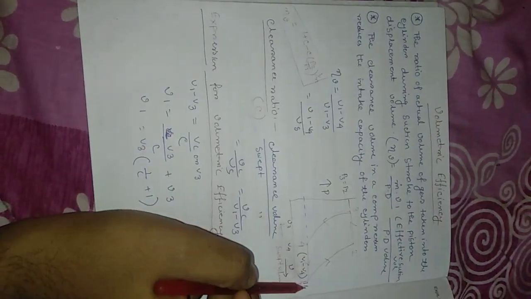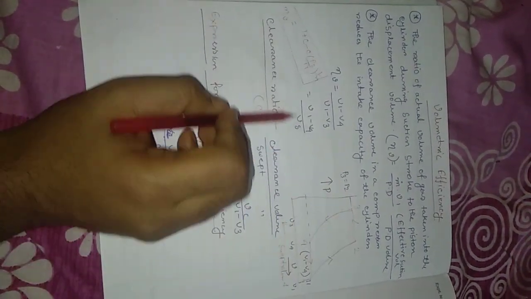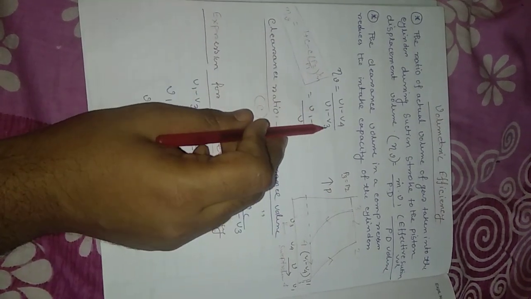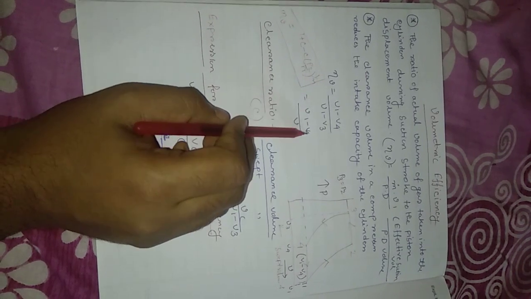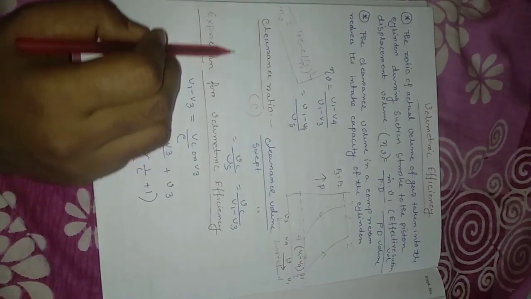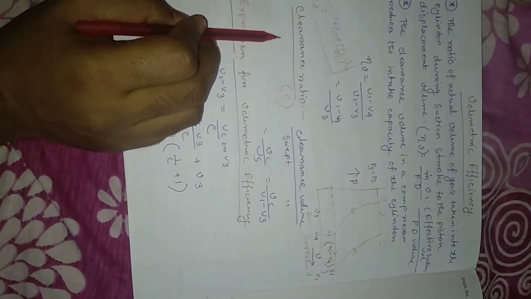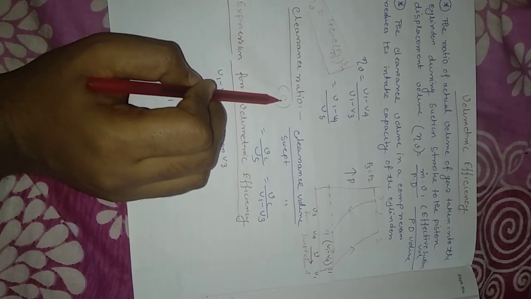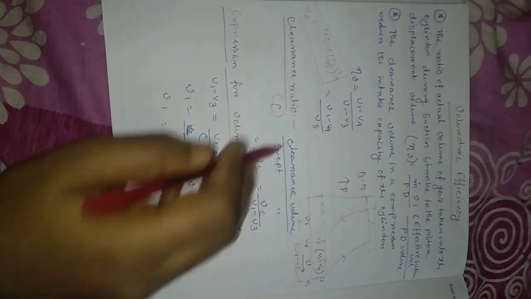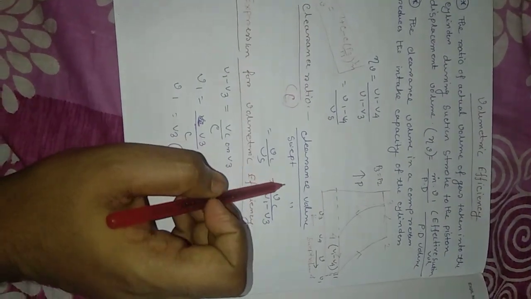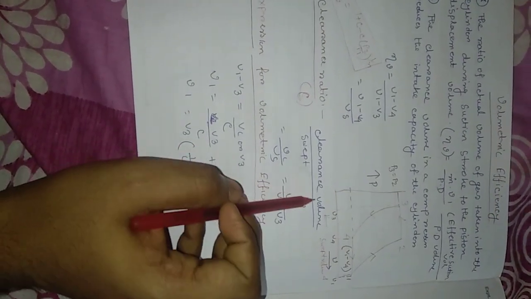Now, you know V1, V2, V3 and V4 according to this. Vs is equal to V1 minus V3, already discussed in the previous lecture video. Now, V1 minus V4 divided by Vs. The clearance ratio is designated with the capital C term. Clearance ratio is the ratio between clearance volume and swept volume.